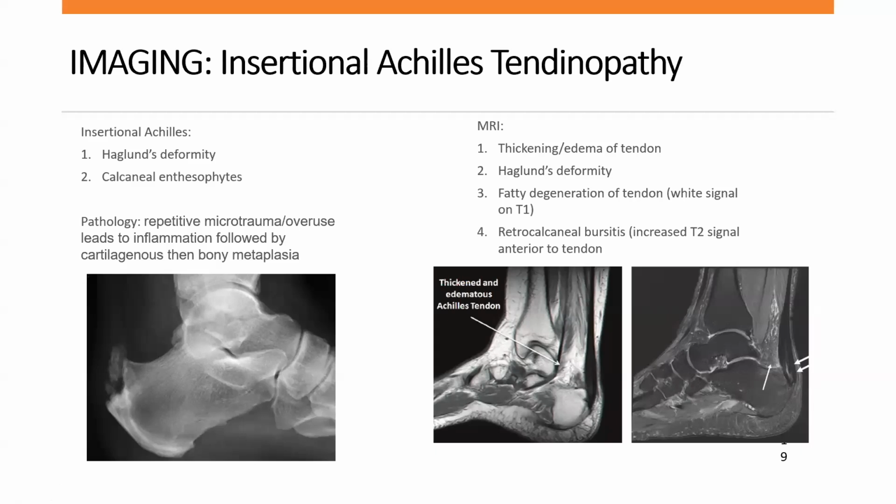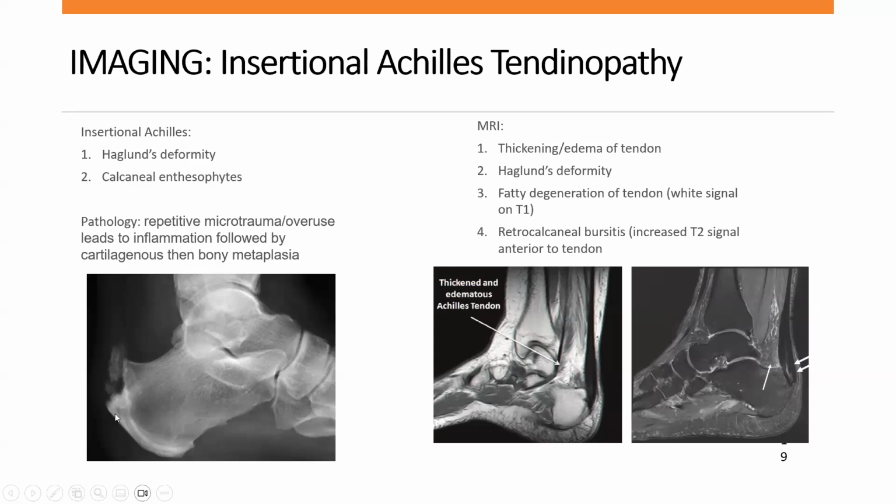The second thing that really points to insertional Achilles tendonitis as the diagnosis is something called an enthesophyte. If you look here, this is basically here as well as this lower part here.